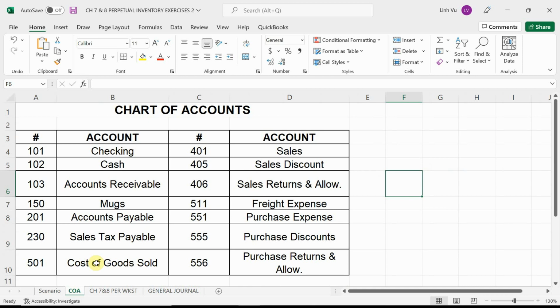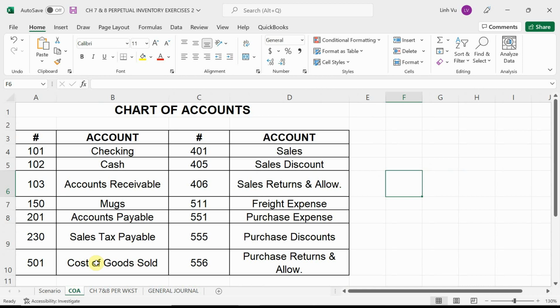What do I need to use to journalize that I got a refund? Accounts payable. And you're returning it. So you take mugs, wouldn't you?